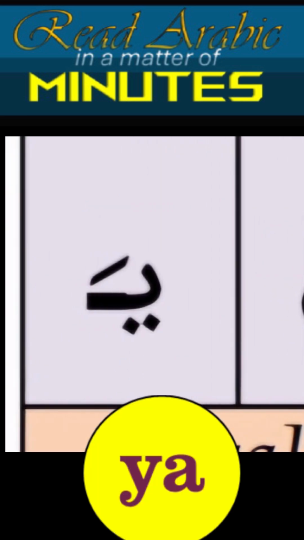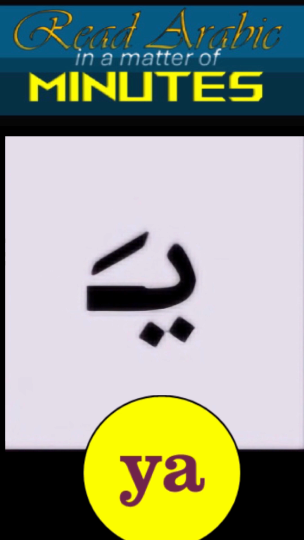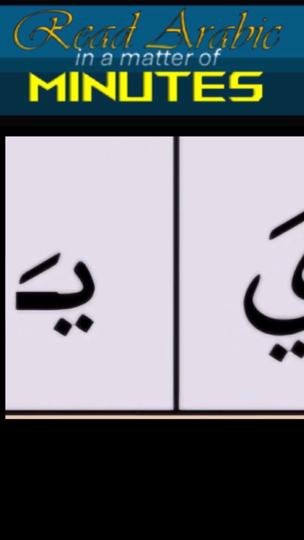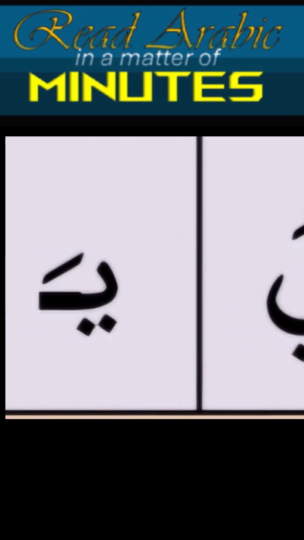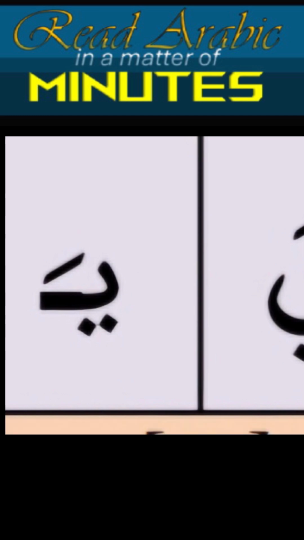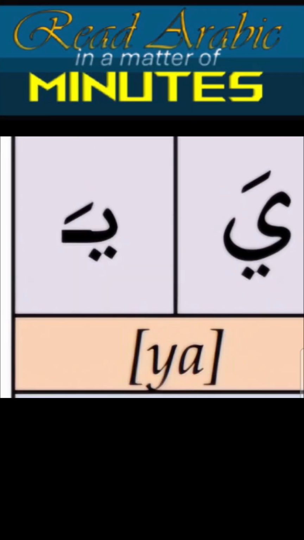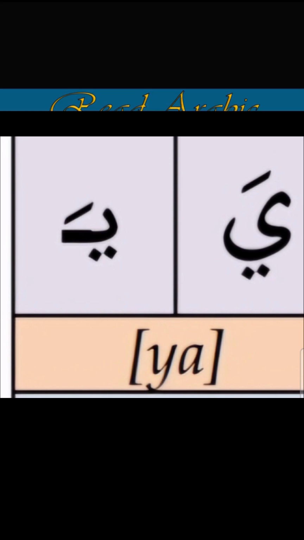If it's at the beginning of a word, it will have this shape, which is also ya. So you see the curl in front is basically removed. So we're just looking at the rest of the shape, but of course it's cut off at the end because it will be attached to another letter. In the middle of words, it will be similar to this shape, but an attachment in front will be added. We'll see that in words soon, inshallah.